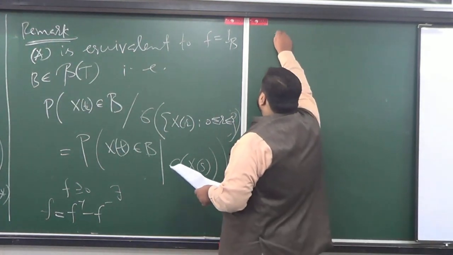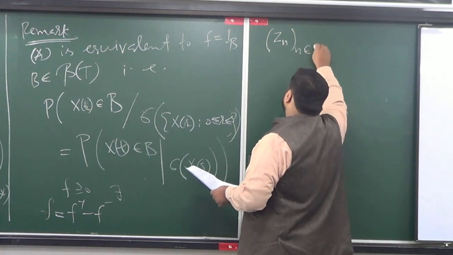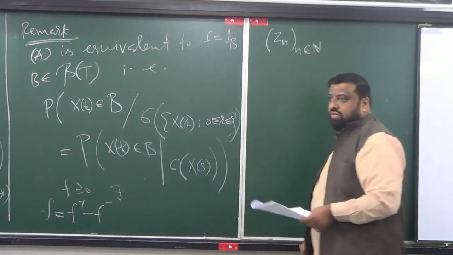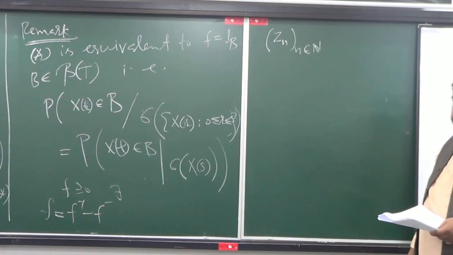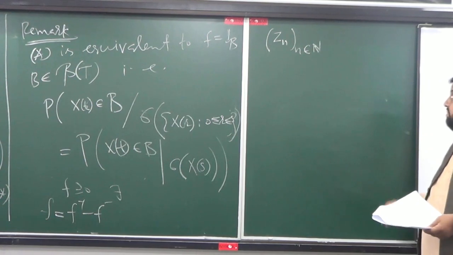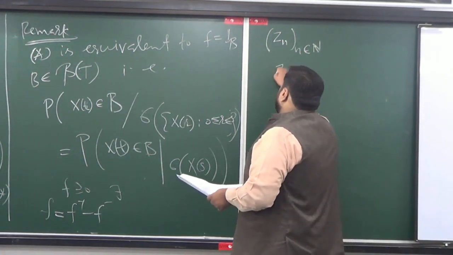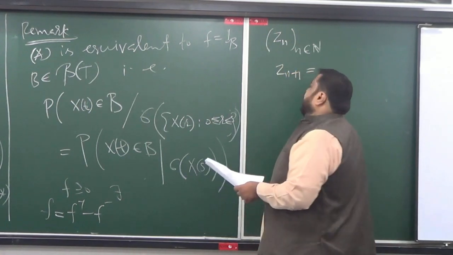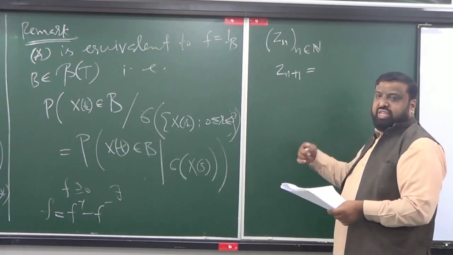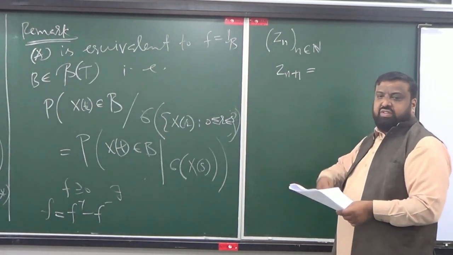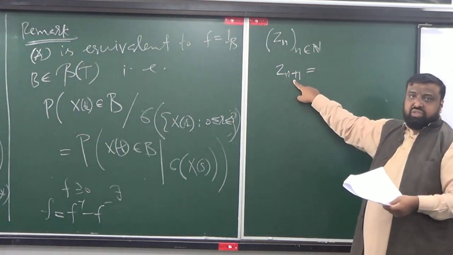So let me return to the random walk. Let's see that the random walk is a Markov process. It should be a Markov process, but does it satisfy this definition? So I know that Z_n could be understood as the cumulative gains you have after, for example, n gains.